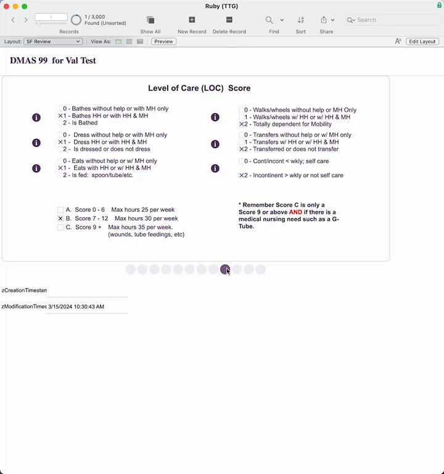We'll move forward to their level of care. Sometimes people get confused about this if you're brand new to this. Let's say is bathed. Jane is not going to get a bath unless somebody bathes her. She can take a bath with human help or human help and mechanical help, meaning somebody's got to run the correct water temperature for her, maybe prompt her to wash.